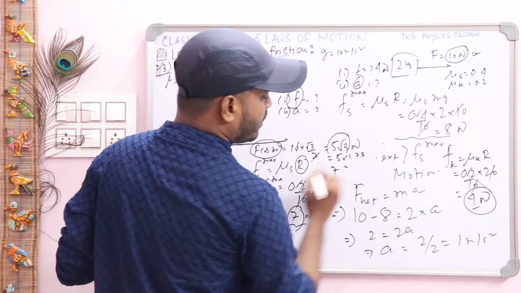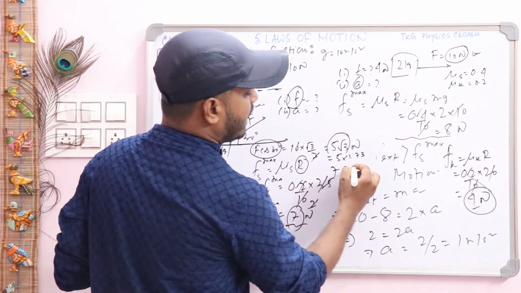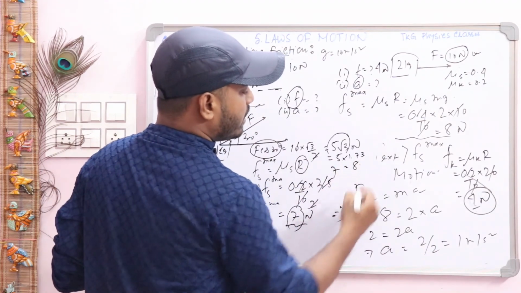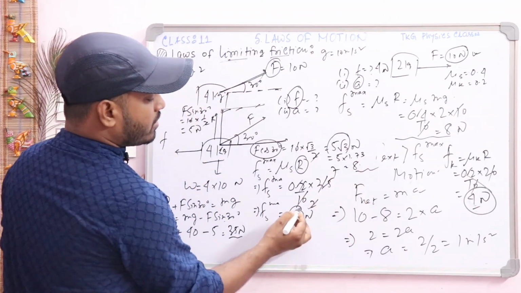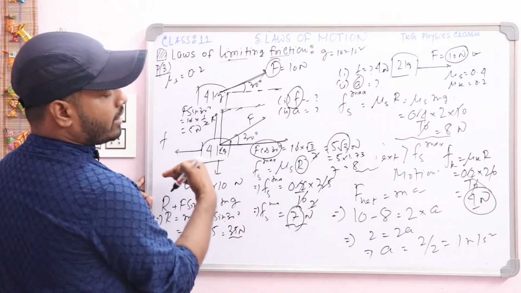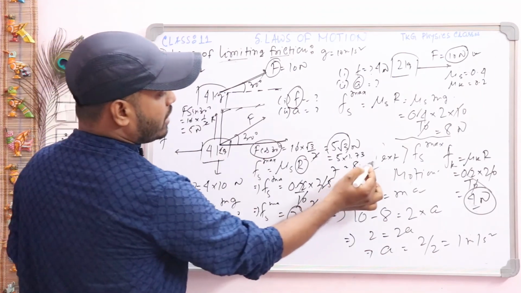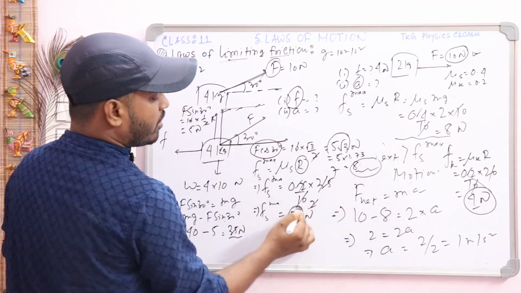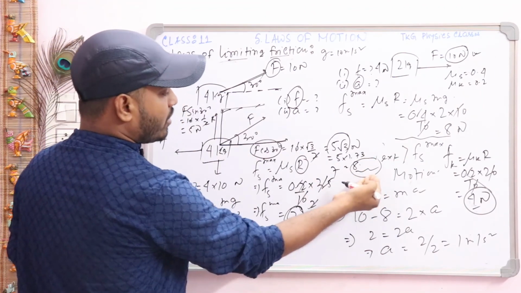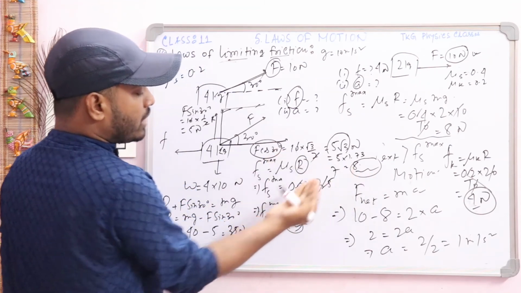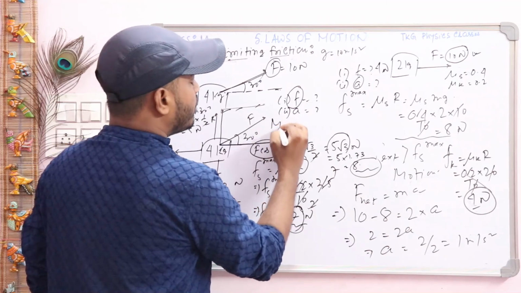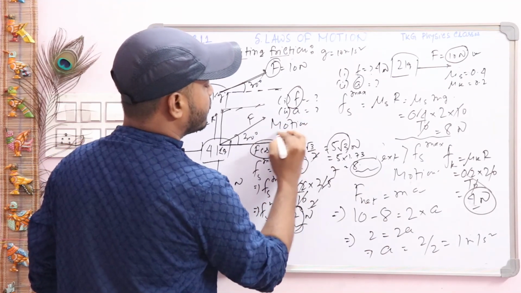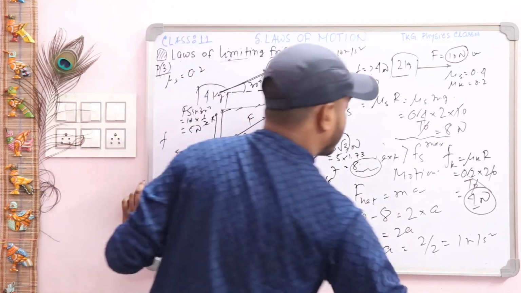So this will be 8 point something, and this value is the backward force, that is 7. So the external force, F cos 30, is more than the limiting frictional force. So obviously the body will be under motion condition.